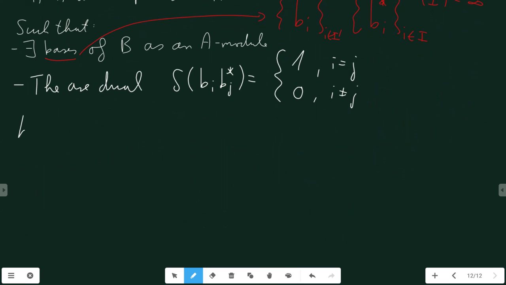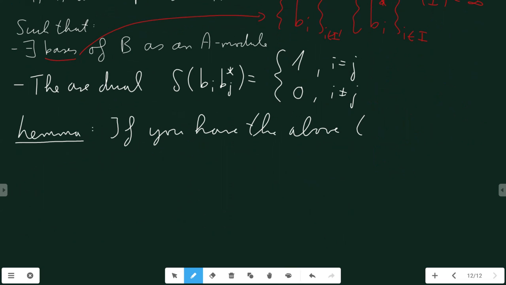So if you have that, then you actually have four A bimodule maps, even stronger, not just linear maps, but A bimodule maps.